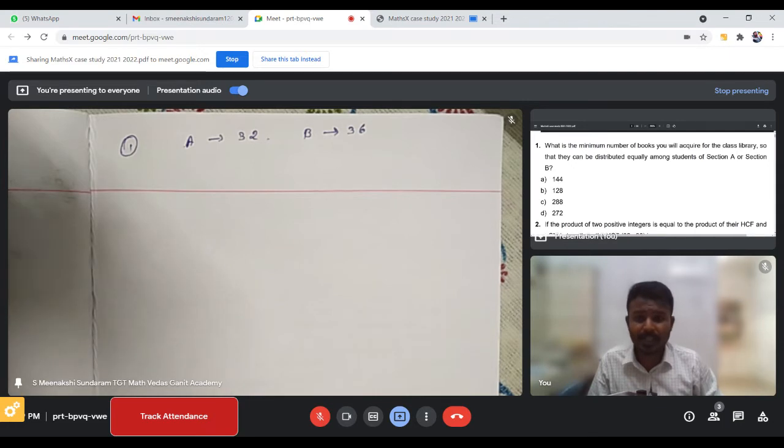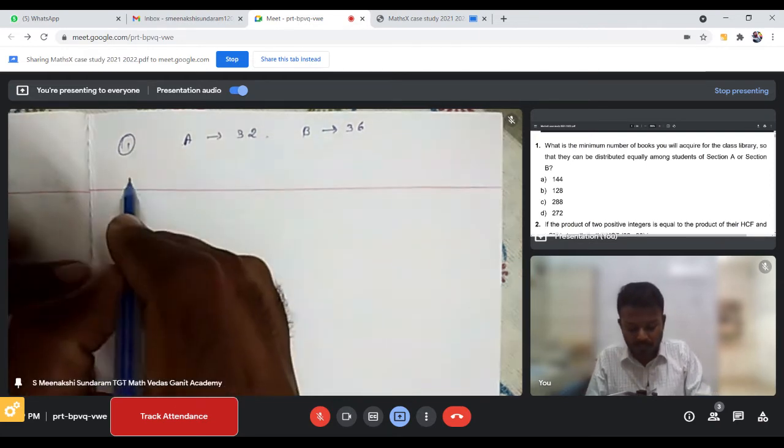It is very easy. Here we have a clue word, that is, minimum number. They gave the clue word minimum number as well as one more clue word, distributed equally. So here the two clue words tell us we need to find the LCM of these numbers, right?